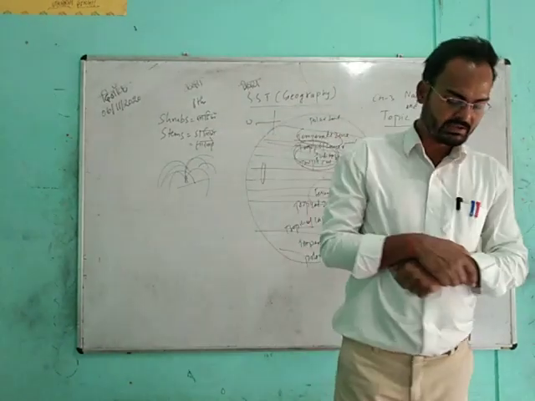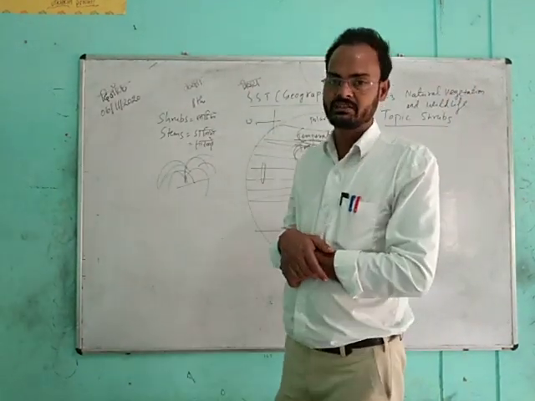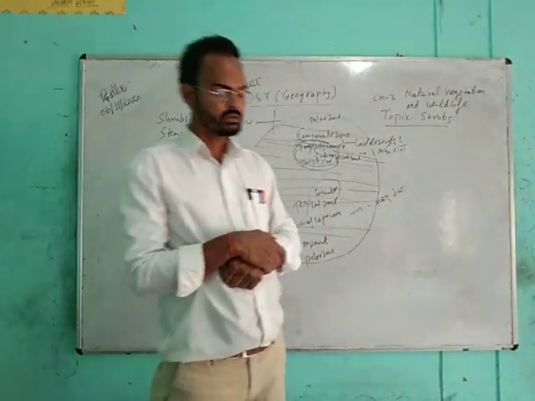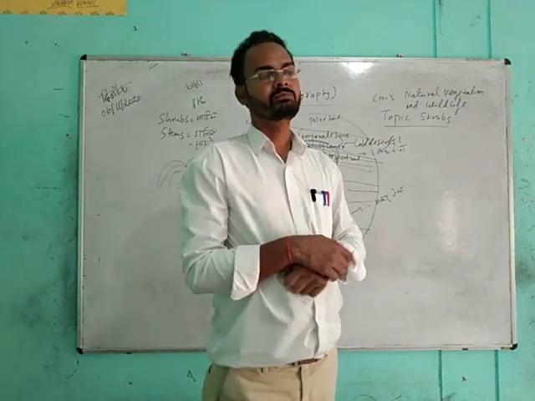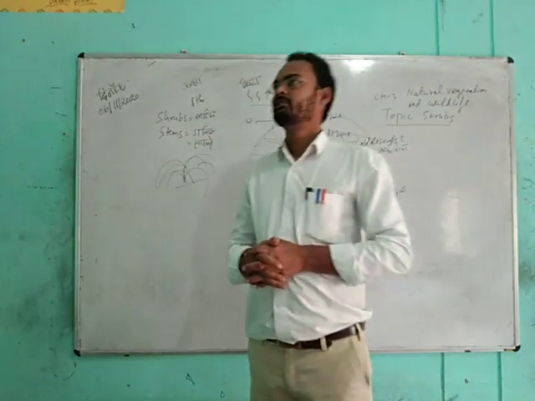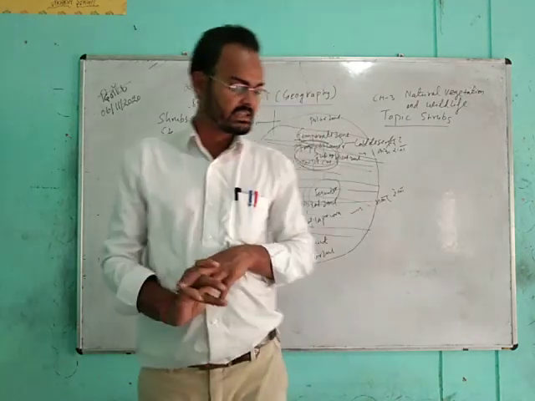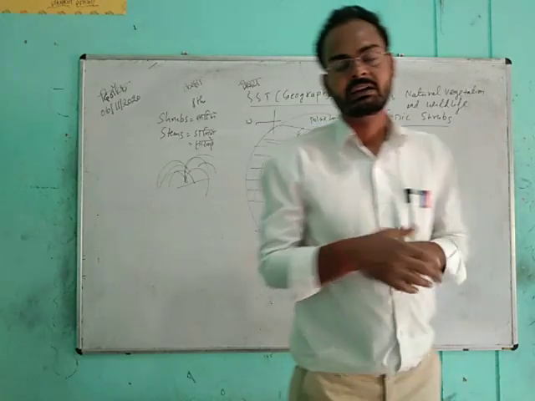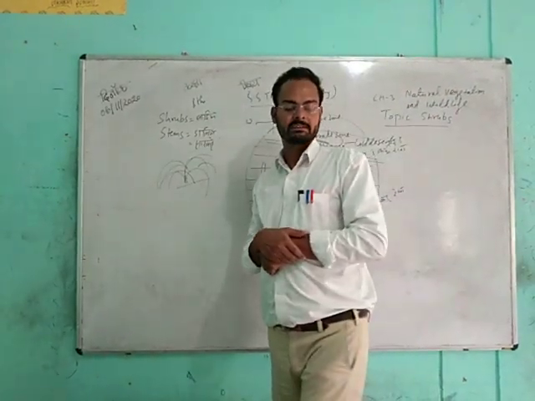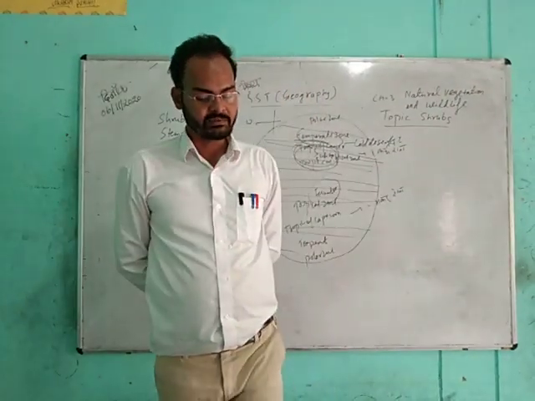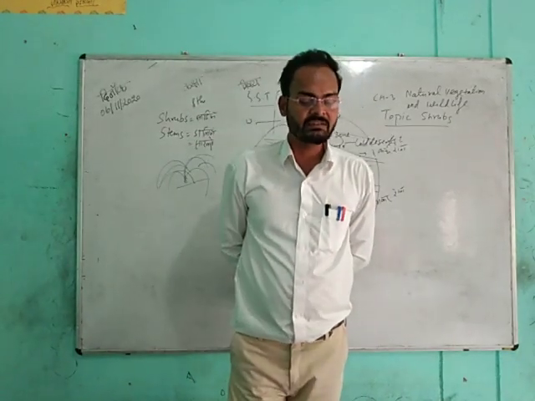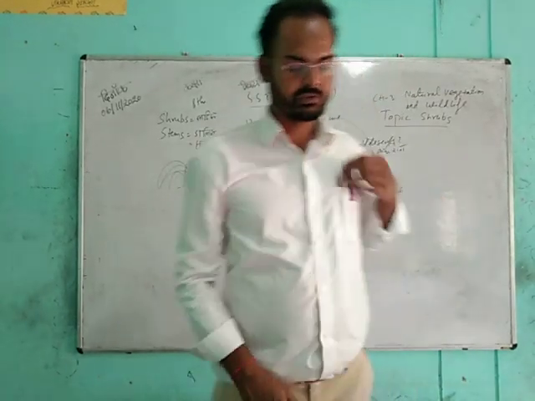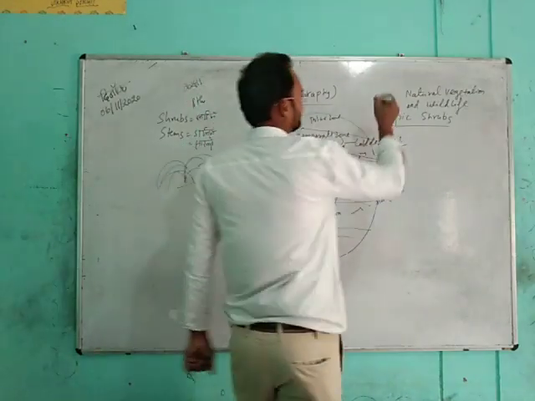The Gobi Desert, which is in Mongolia and the upper part of China, is a cold desert, and the Tibetan Plateau, because of its cold climate, is also a cold desert, and at the same time the Patagonian Plateau in South America is also an example of cold desert. Then we move on, students, to page number 37. Deserts receive very scanty rainfall which supports the growth of very few types of plants. What is scanty?